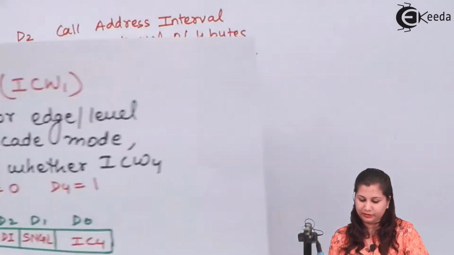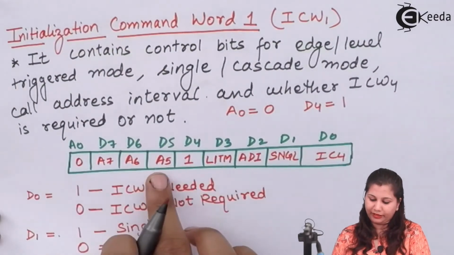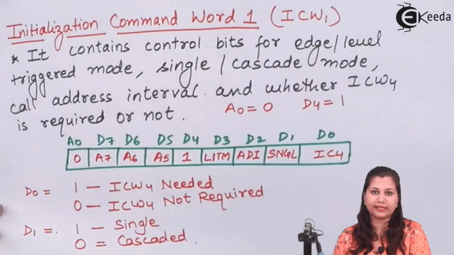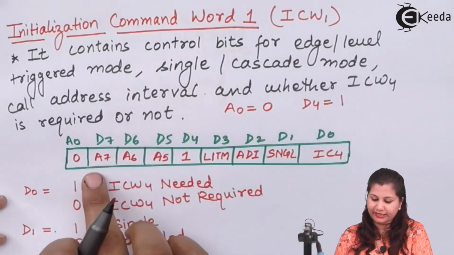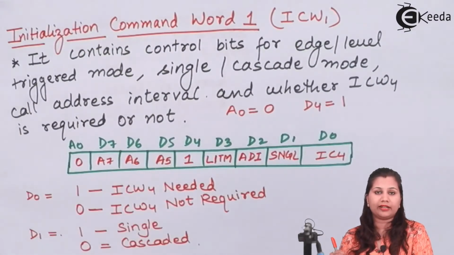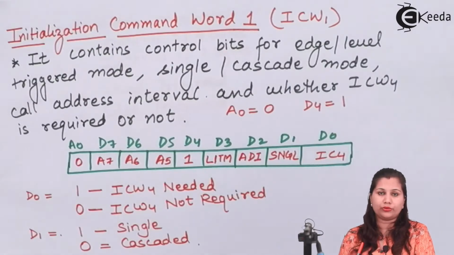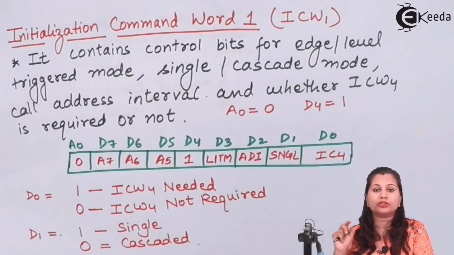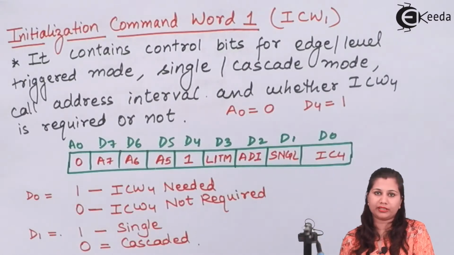Then we have D4, D5. D4 is already said to be always 1 for the ICW1. D5, D6 and D7 are the addresses, because the address of the service routine is provided by the 8259 to the microprocessor, saying that at this memory location the service routine is written. So the address will be either of 8 bits or of 16 bits.